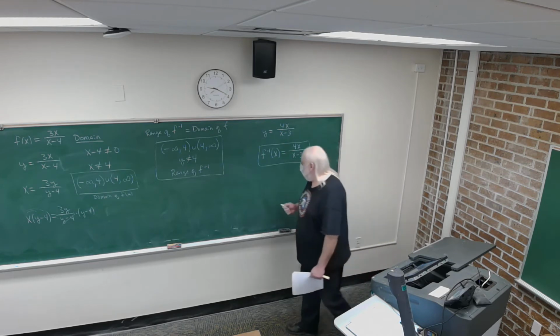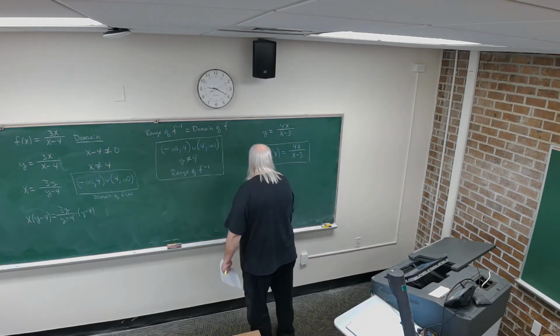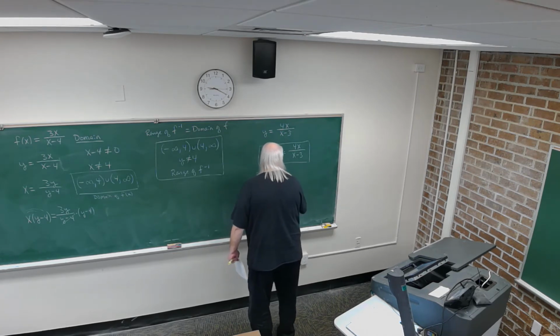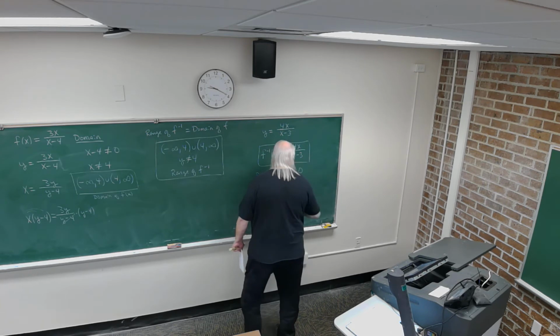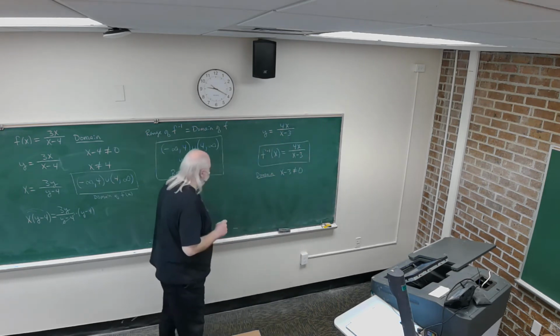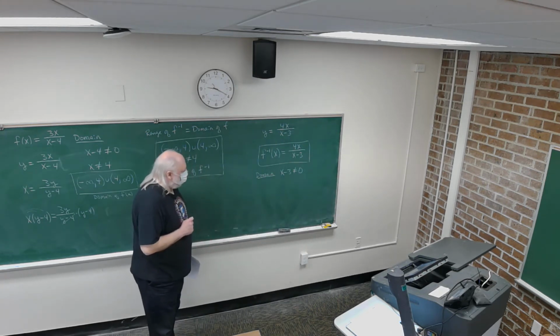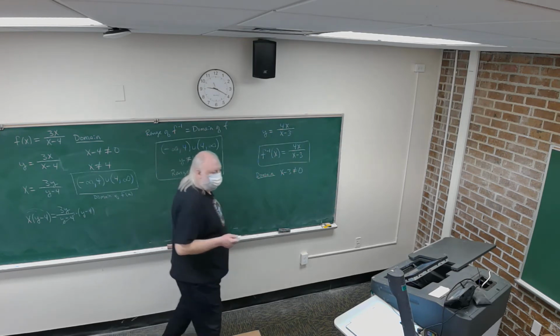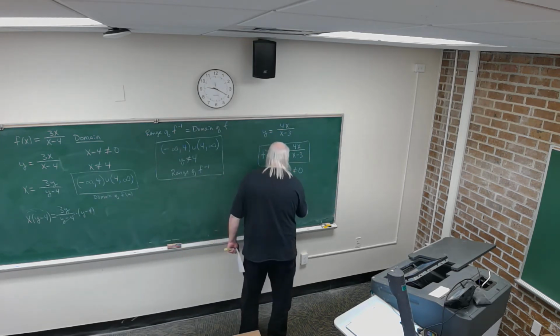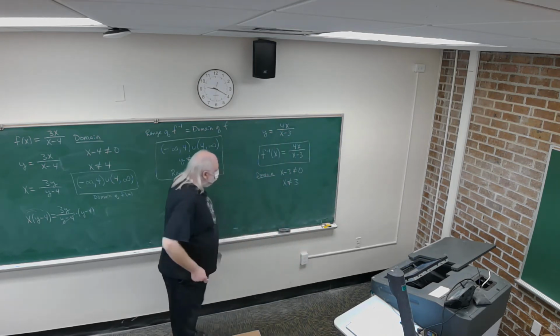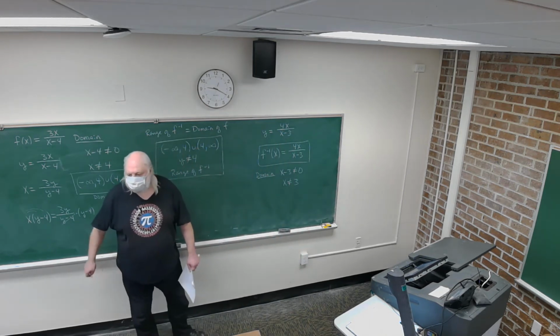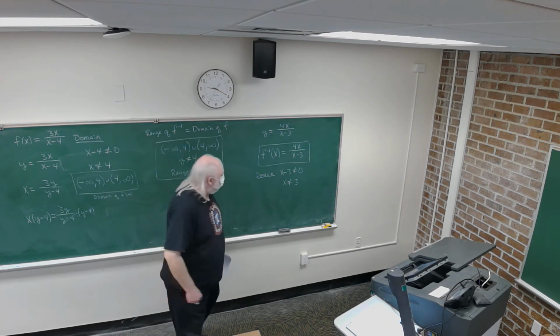So we can write the domain in inequality notation as x minus 3 cannot equal 0. And when we solve for x, we get x cannot equal 3. So the domain of the inverse function is all real numbers except for the number 3.